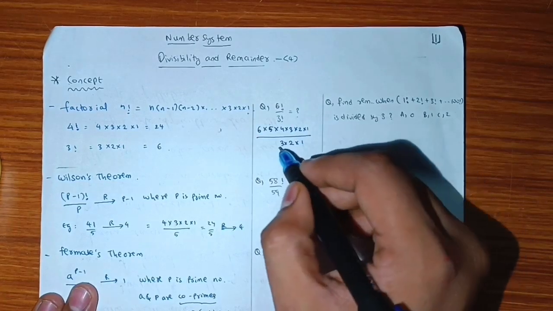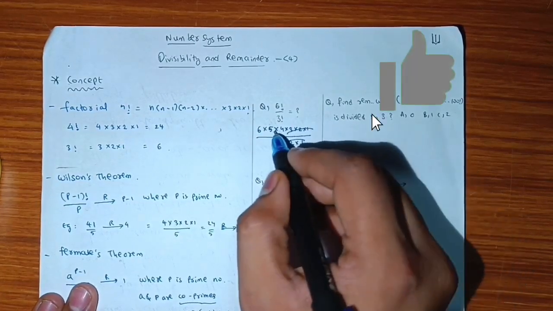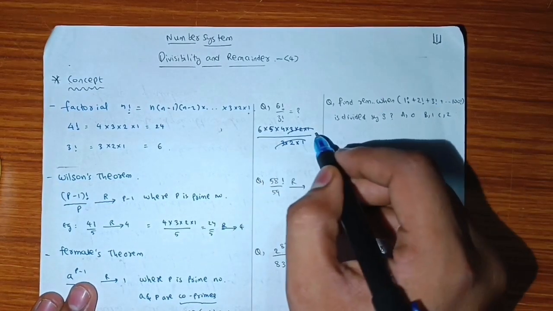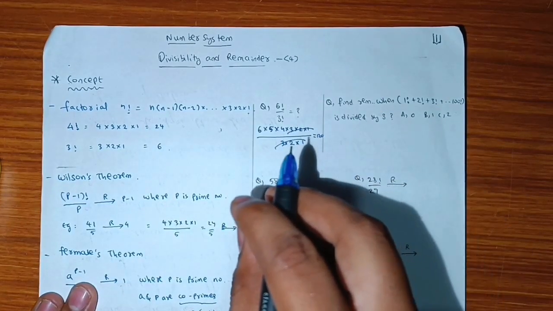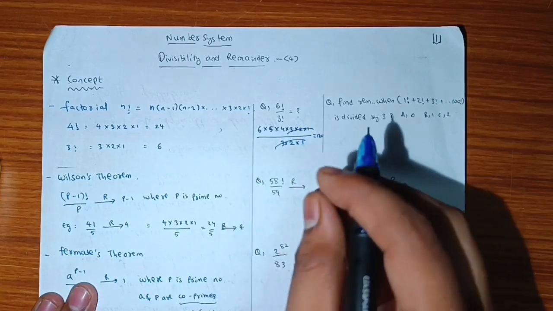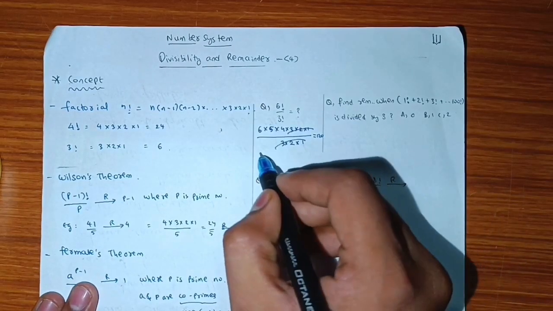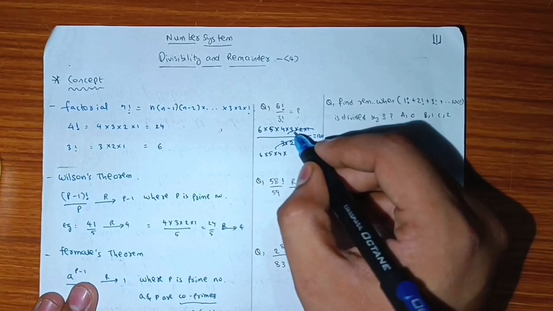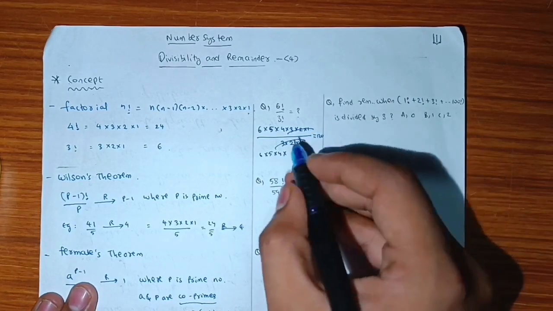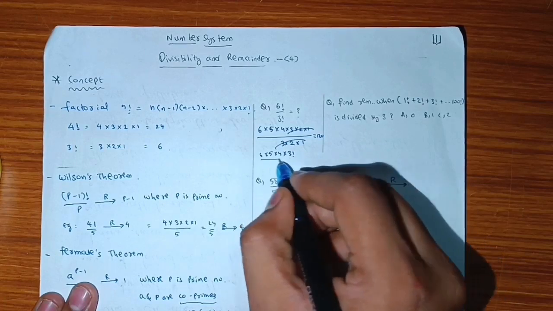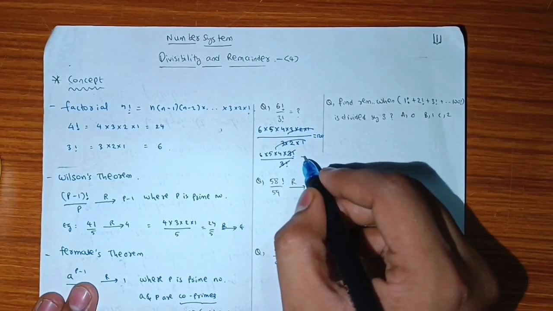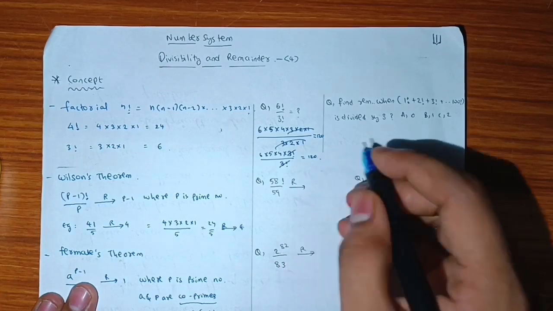If you cancel out like this, you are left with 6 into 5, 30, 30 into 4 which is 120. This is one way you can solve it. Or you can write 6 into 5 into 4 into 3 into 2 into 1, which is nothing but 3 factorial, by 3 factorial. You can cancel out directly here, and this will give the same result.